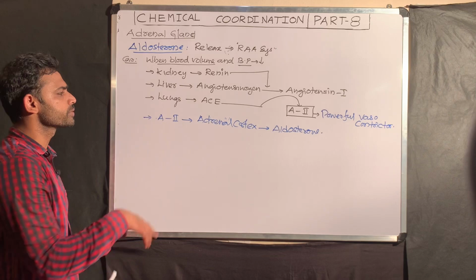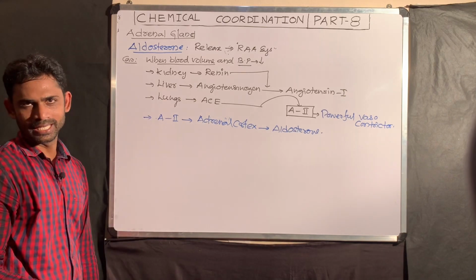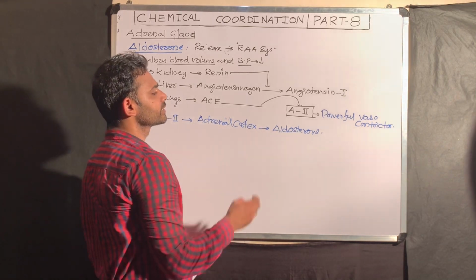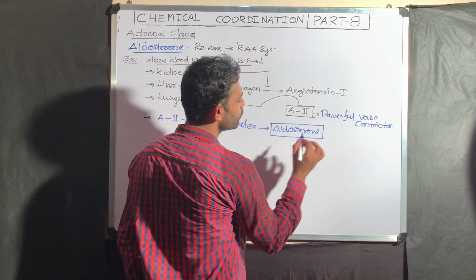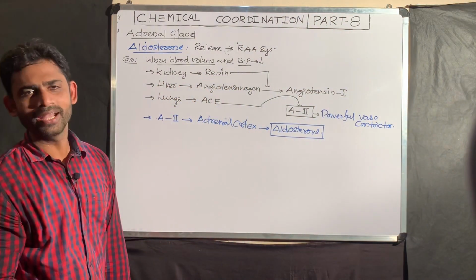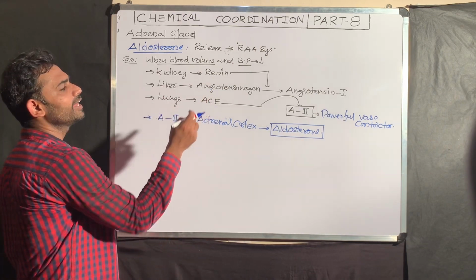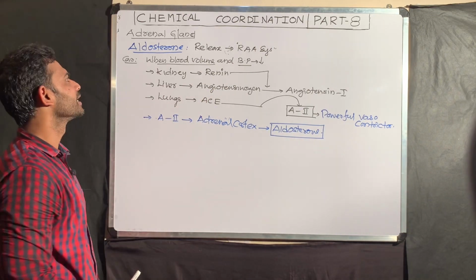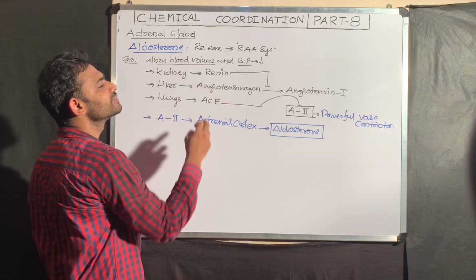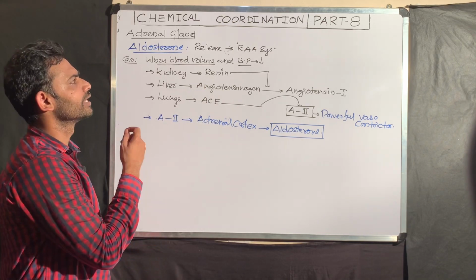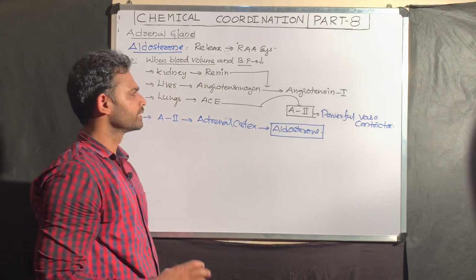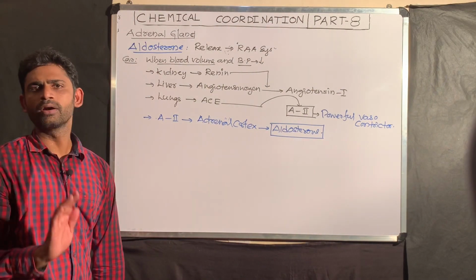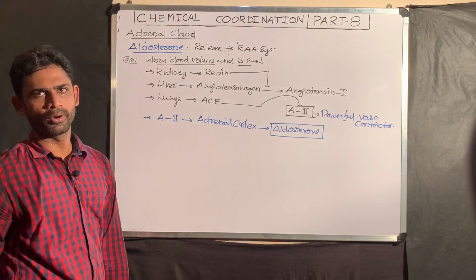So A2 stimulates one layer of the adrenal cortex, which results in synthesis of aldosterone. Finally, aldosterone is released into the blood because of renin and angiotensin. That is why the release of aldosterone is under RAA, the renin, angiotensin, aldosterone system. This mechanism is important from this particular exam's point of view.